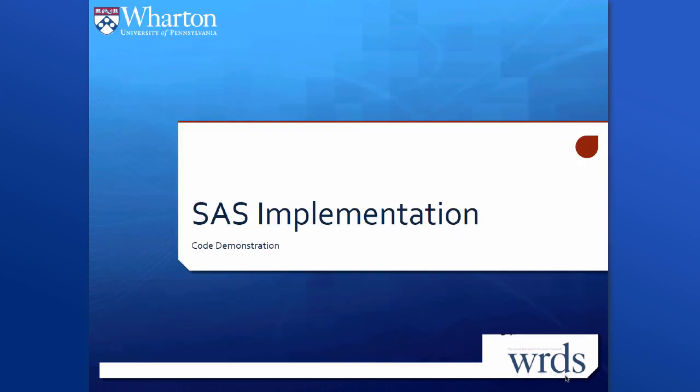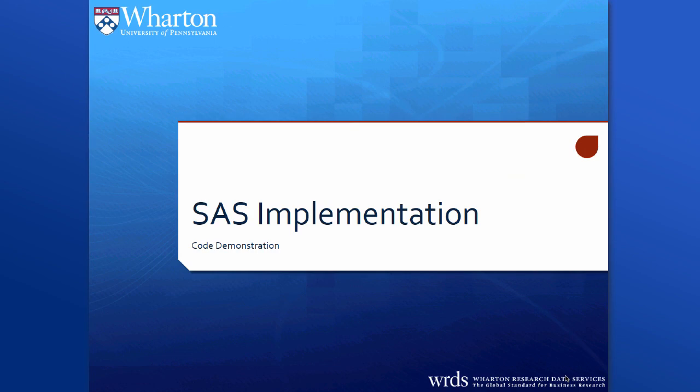And so we're going to talk about SAS implementation, and I'm going to focus on SAS implementation rather than any other alternative through different software packages. Okay, let's get into the SAS implementation part.